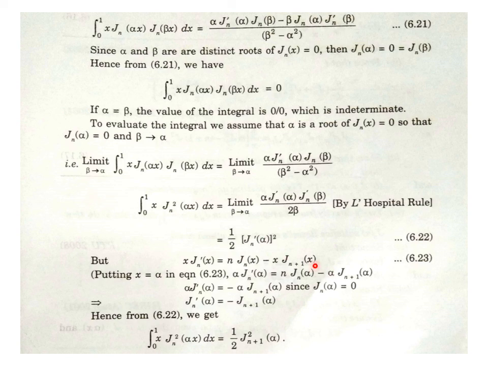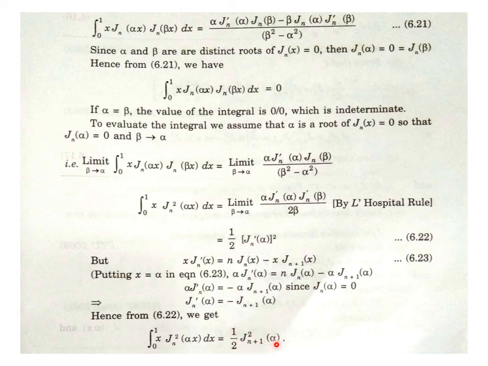So we are left with alpha J_n'(alpha) equals minus alpha J_(n+1)(alpha). Alpha is cancelled from both sides, so it's simply J_n'(alpha) is minus J_(n+1)(alpha). So J_n'(alpha) can be replaced by minus J_(n+1)(alpha), and its whole square, the negative squared, will again become positive, and finally the right-hand side becomes half J_(n+1) whole squared of alpha.